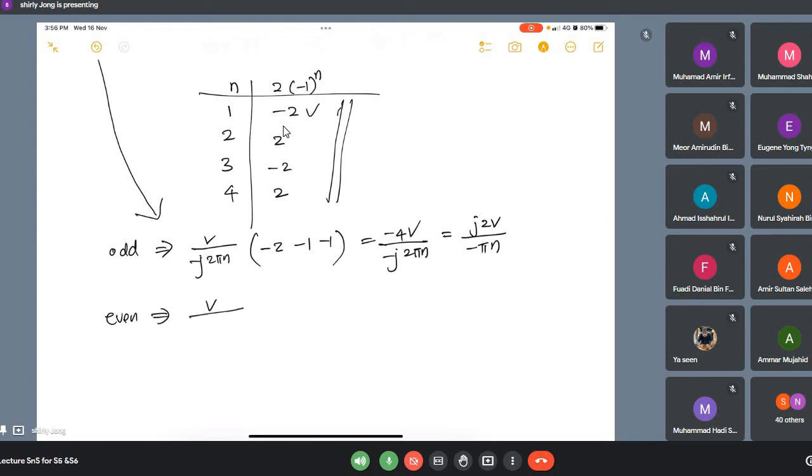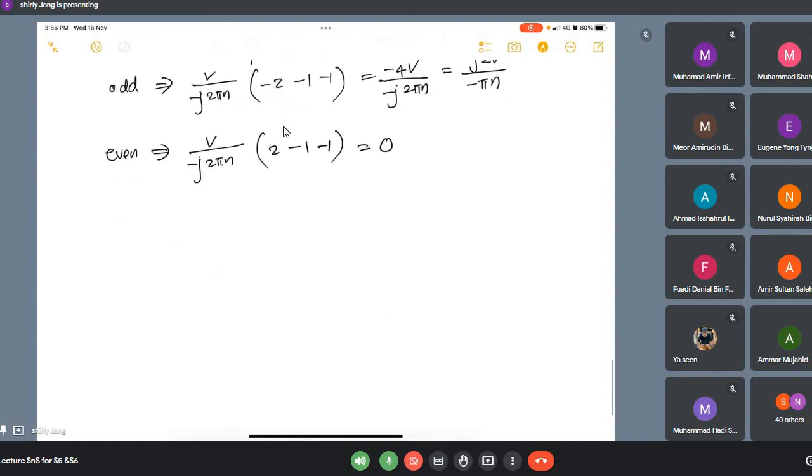And then for even, v over minus j 2 pi n. If you look at here, for even, you get 2 only. So 2 minus 1 minus 1. So coincidentally, you get 0. So therefore, the xn you obtain is minus j 2v over pi n. This is also equal to 2v over n pi.